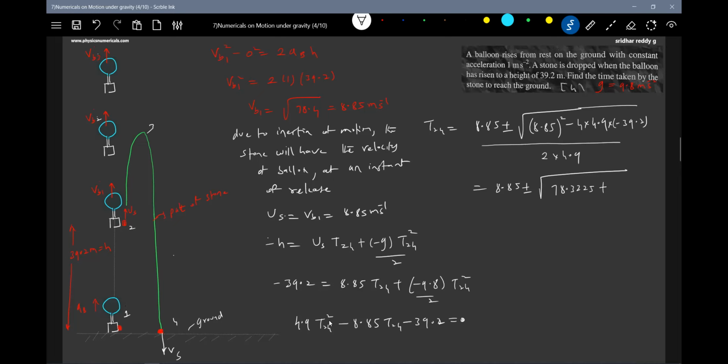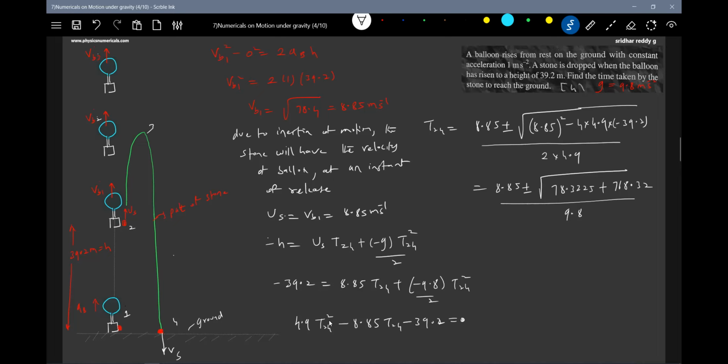This will be plus 4 into 4.9 into 39.2, which is 768.32, divided by 9.8.